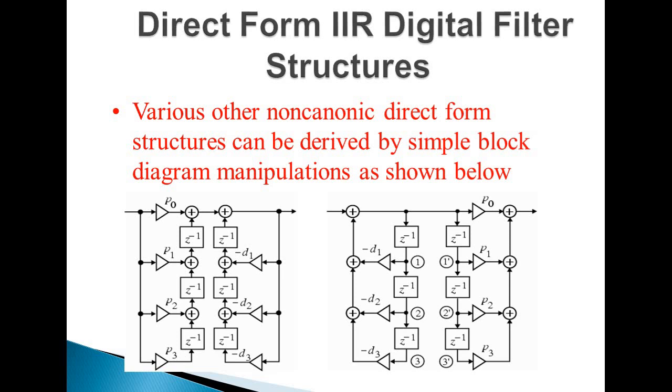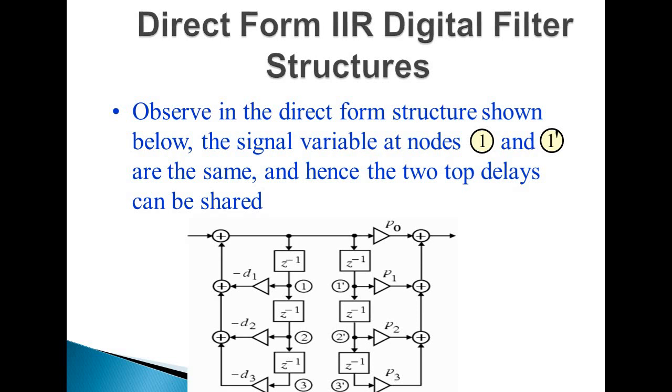So various other non-canonical direct form structures can be derived by simple block diagram manipulation as shown below. So both delays we can combine together, that is called the direct form 2 structure. So combine 1 dash delay, 2 dash delay, 3 dash delay. So fewer delays we will require. See the diagram. Observe in the direct form structure shown below, the signal variables at nodes 1 and 1 dash are the same, and hence the 2 top delays can be shared.